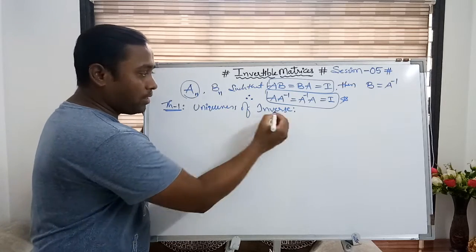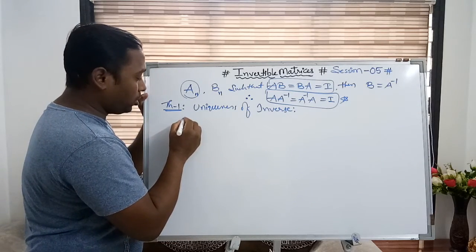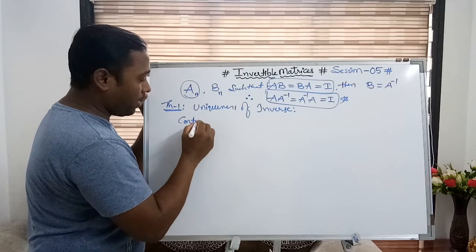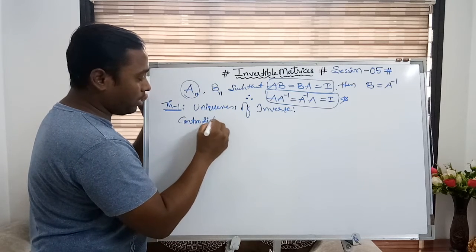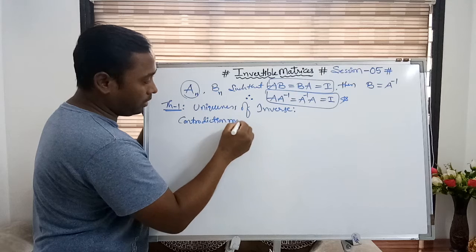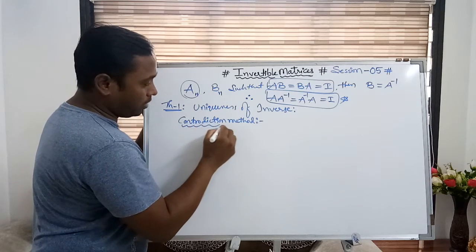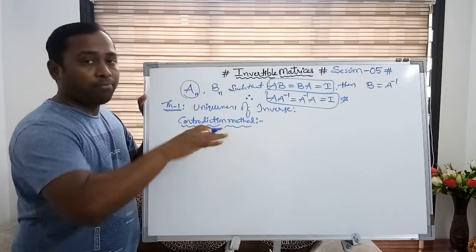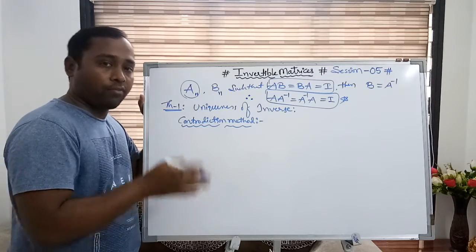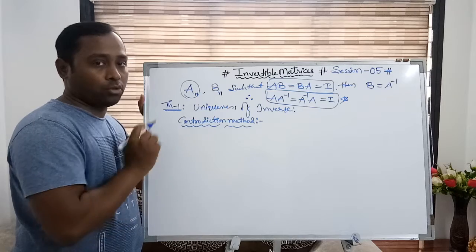Now, to prove this statement, I am using the contradiction method. You know, we use this method many times. What does the contradiction method say? We assume something which is against the given statement, and then we prove that our assumption is wrong.